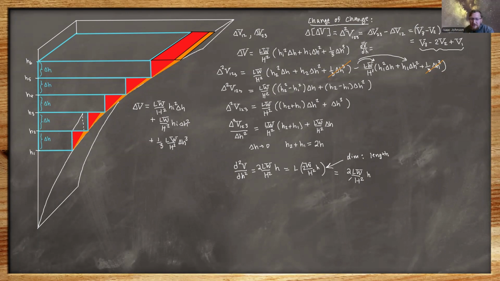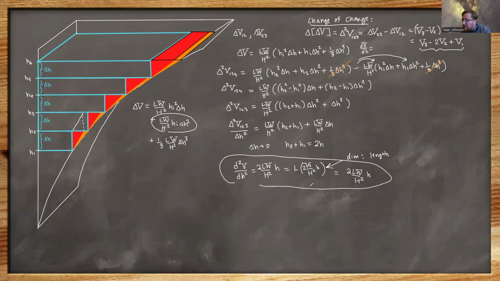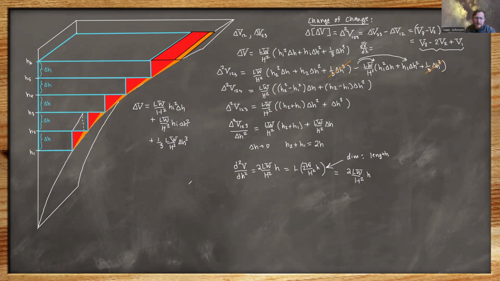All we need to do to turn this into this is multiply by a delta h squared and divide by 2. So in other words, what I'm really saying there is this first term is really just dV over dh times delta h.